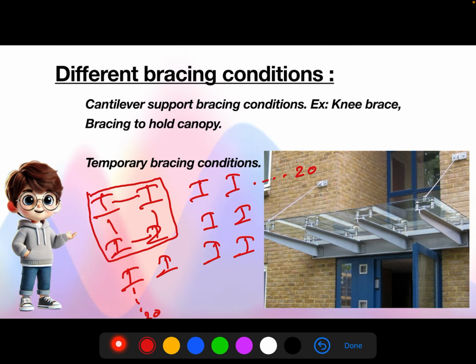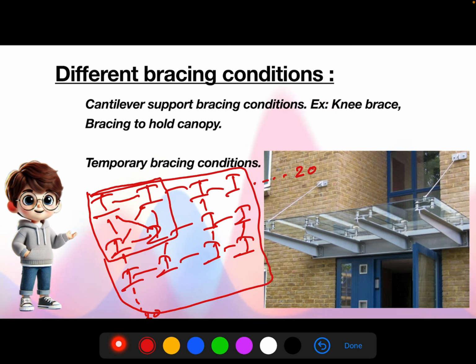To avoid that swaying, you will provide horizontal bracing. Then you will start erecting the remaining framing as well. After complete erection, as a whole, this framing will not sway anymore. Then we will remove these bracings. While erecting the initial bay only, to avoid swaying, we will provide these bracings.